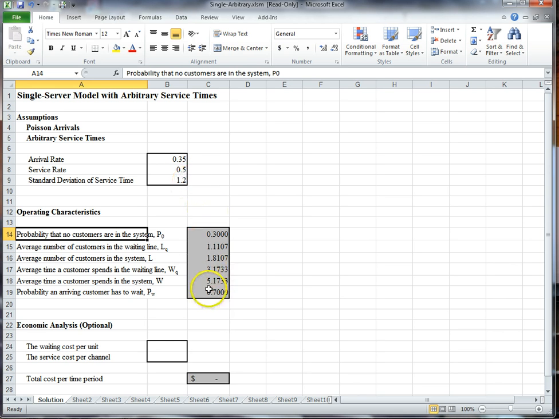The performance measures are the same. You can enter the waiting costs, any numbers here, whatever is given, and you can get those values. If my service rate changes, say, to 0.6, then all my performance measures change. Okay. Do another model quickly.